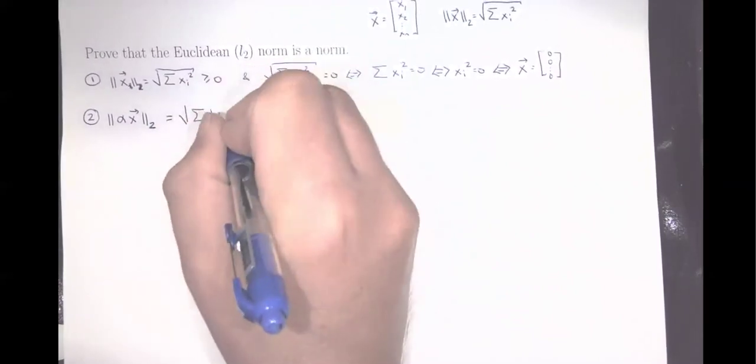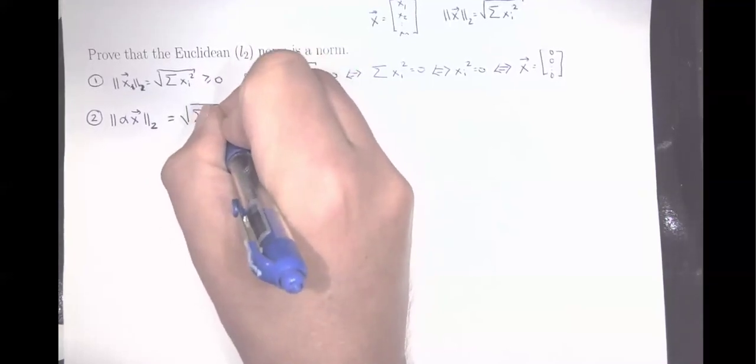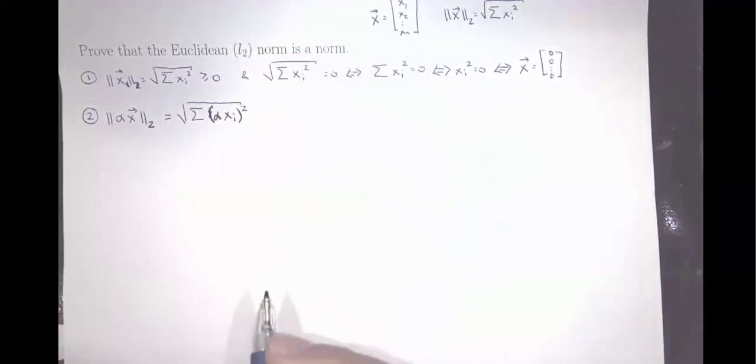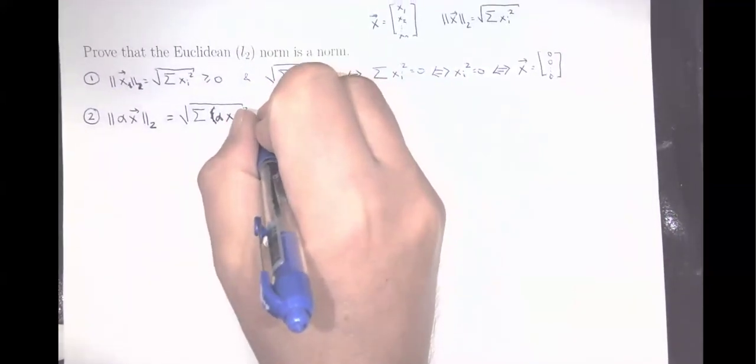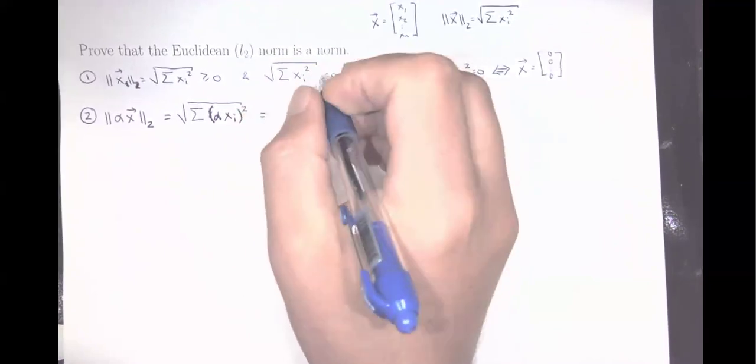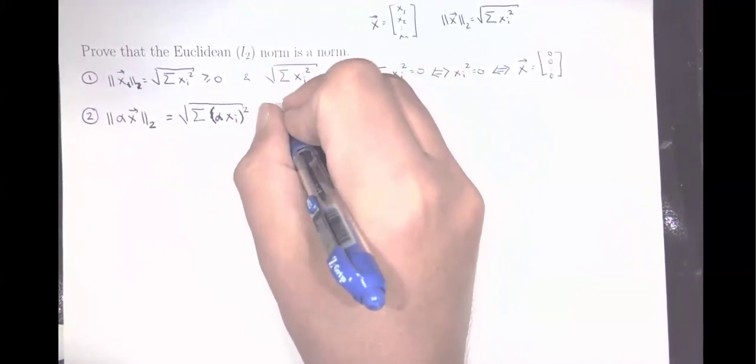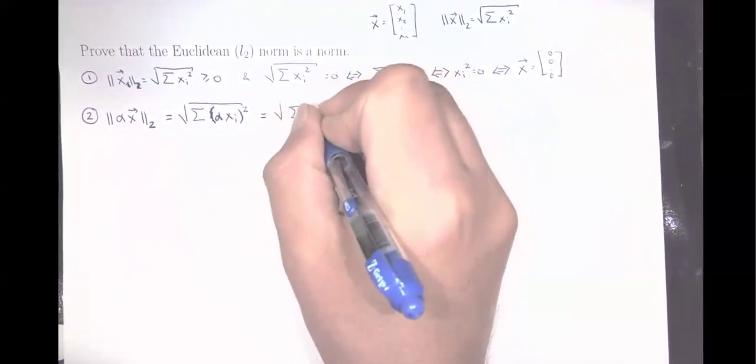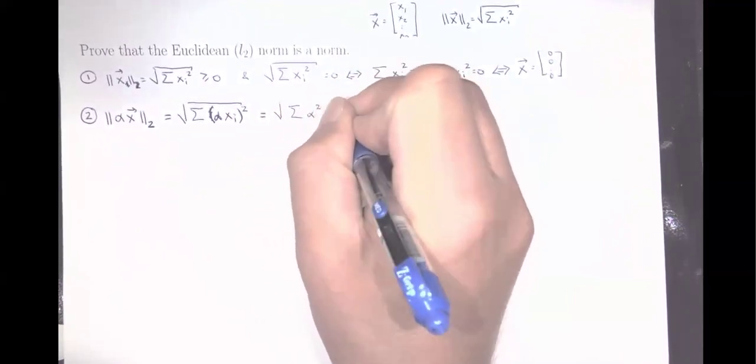Okay, so this is going to be the square root, I should say, of the sum of the alpha xi squared, which is going to be the square root of the sum of alpha squared times xi squared.